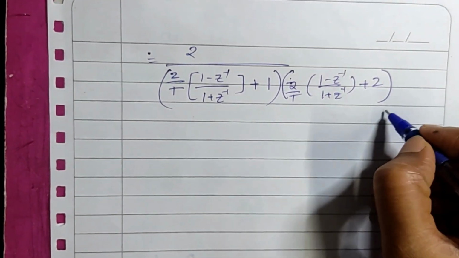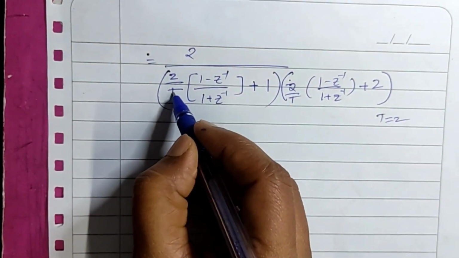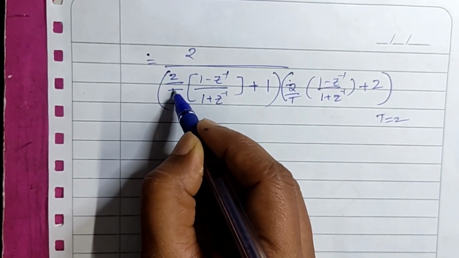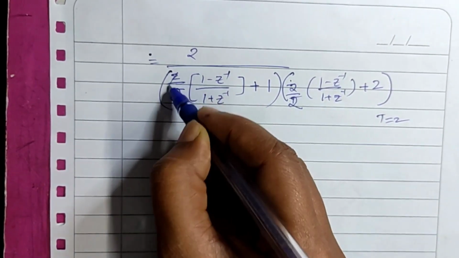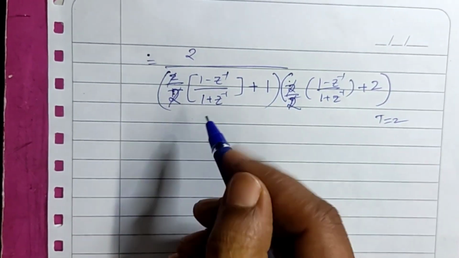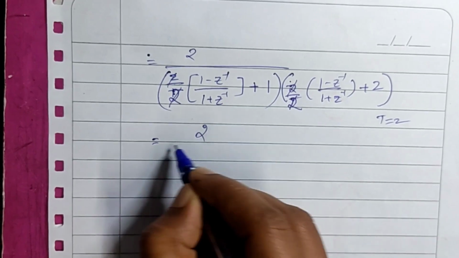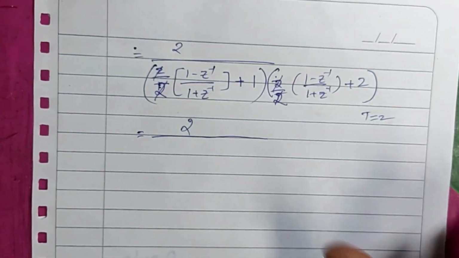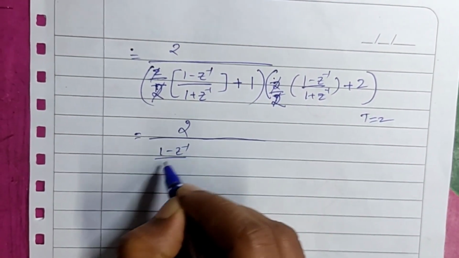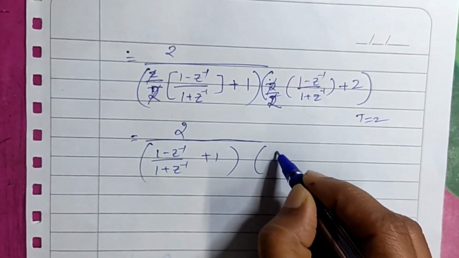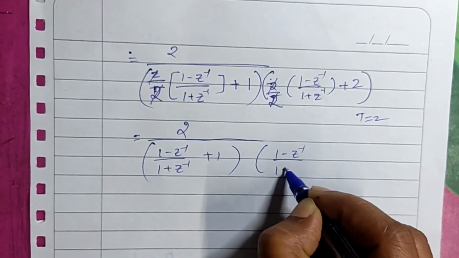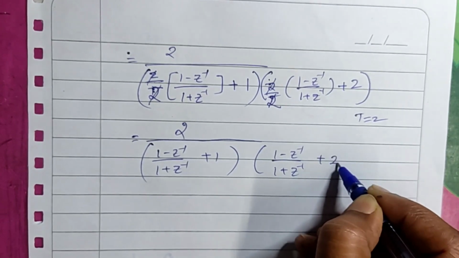For t is equal to 2 seconds, we can substitute t equal to 2 here. Once you substitute t is equal to 2, it is 2, and then this is also 2, so the two ones are 2 that cancel each other. Then, to simplify, it is nothing but (1 minus z raised to minus 1) divided by (1 plus z raised to minus 1) plus 1, into (1 minus z raised to minus 1) divided by (1 plus z raised to minus 1) plus 2.